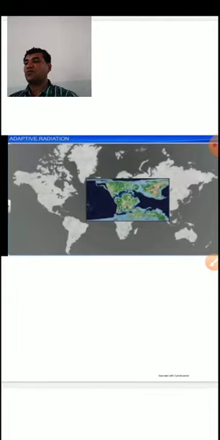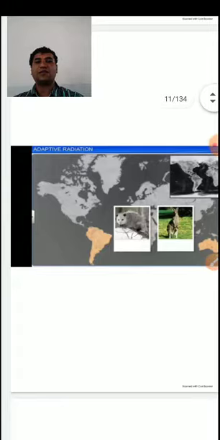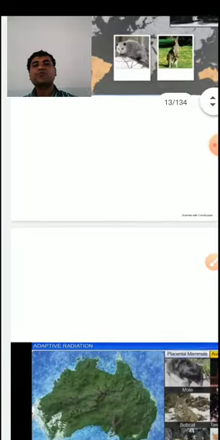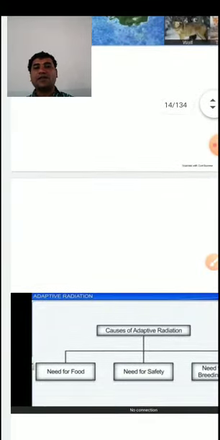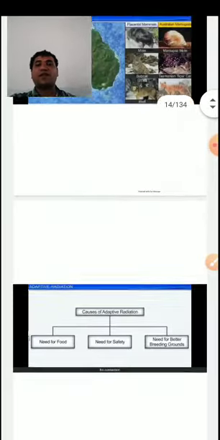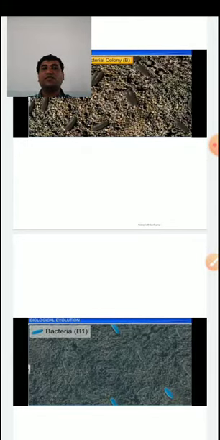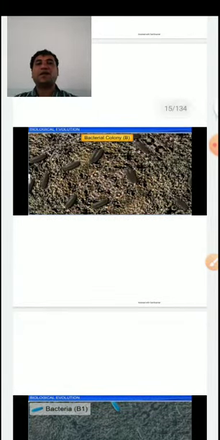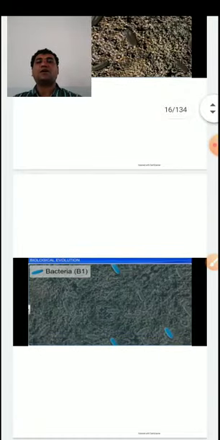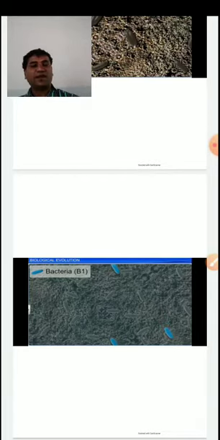So when you talk about the mechanism of evolution, you can see that when you take bacteria, generally they grow in some conditions, but when they are transferred to other conditions, most of the bacteria decline.